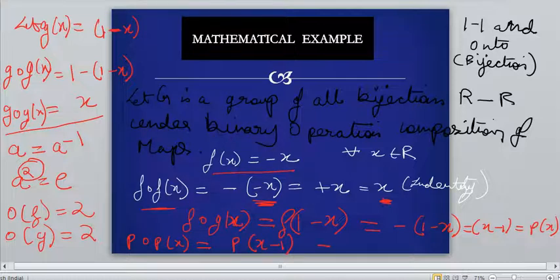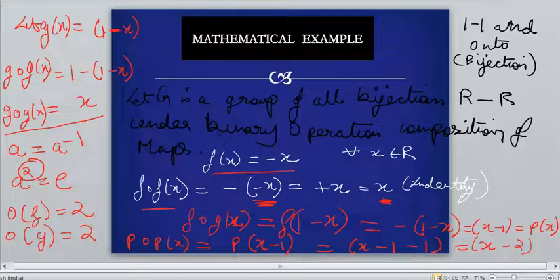So I have to put x minus 1 here, so x minus 1 minus 1, which is equal to x minus 2. So you're going to get x minus 2.